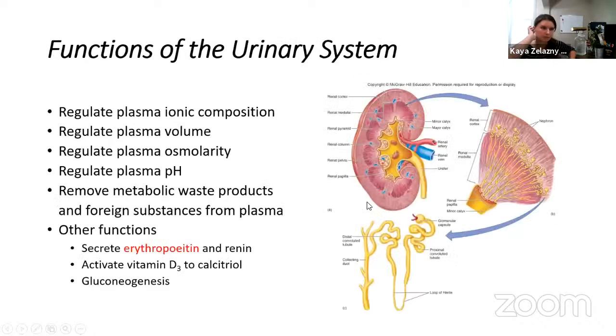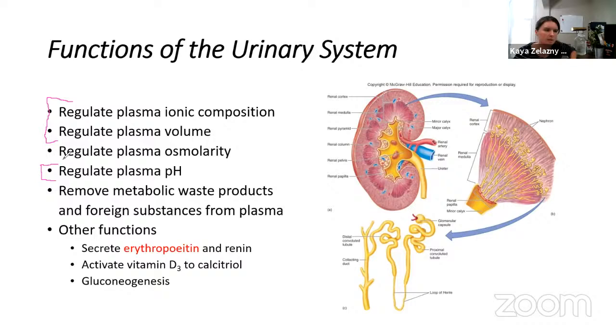Okay. So functions of the urinary system, we looked at the beginning of class, we looked at on Friday, right? We're regulating ion concentration in the plasma, regulating plasma volume, and thereby regulating blood volume and blood pressure. We also mentioned pH in class.